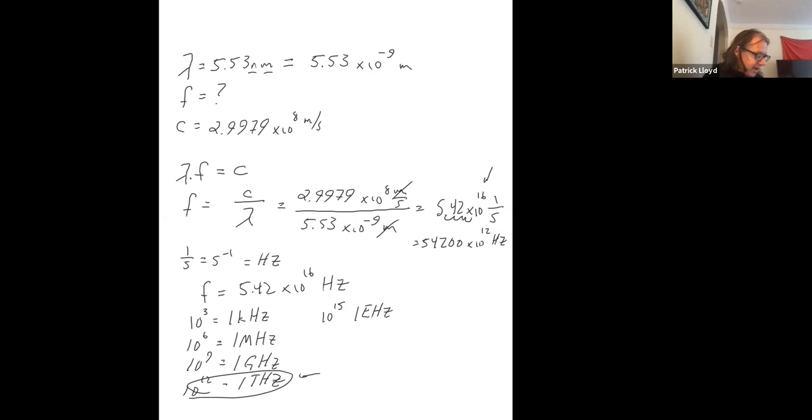So now you've got 54,200, and you could put in your terahertz. That would be 54,200 terahertz. Or you might go up to the 15, exahertz. Then you only have to move it one place, so 54.2 exahertz.